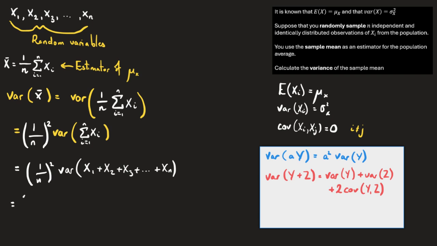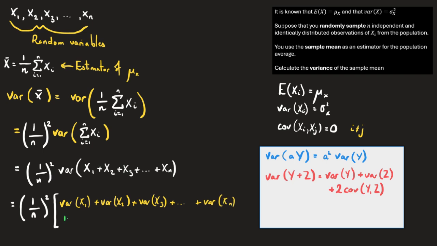So we can write this as 1 over n squared times the variance of x1 plus the variance of x2 plus the variance of x3 plus all the way up to the variance of xn.